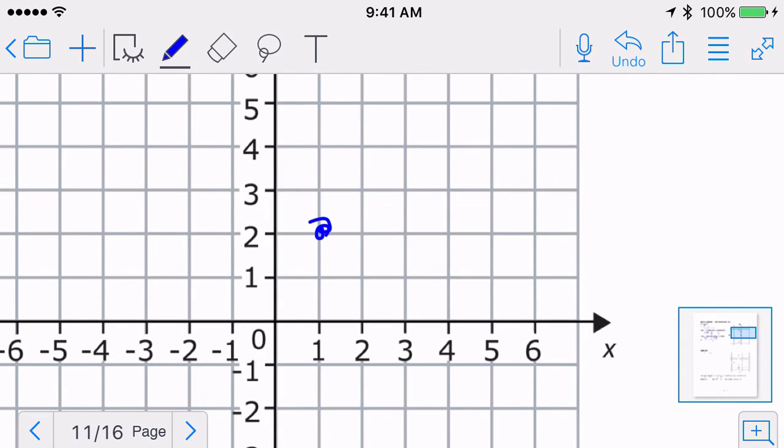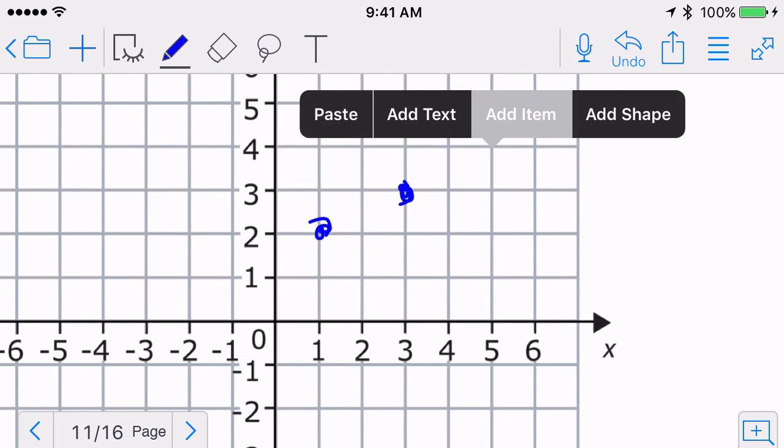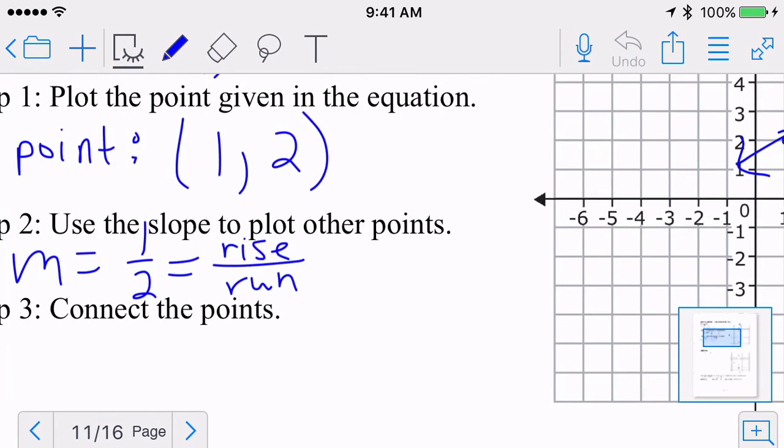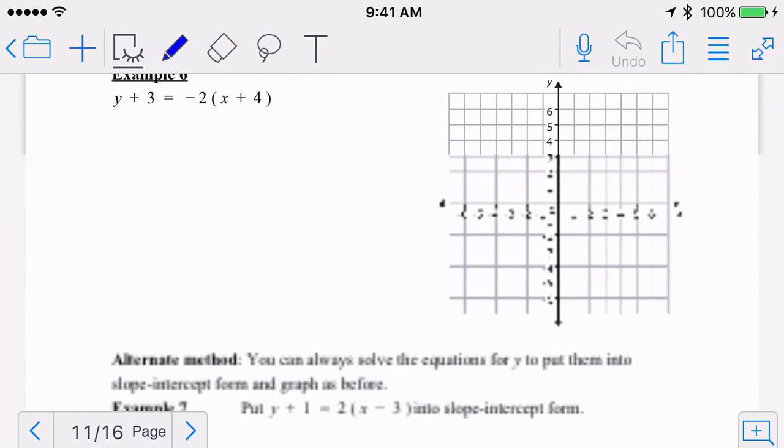So up 1 over 2, up 1 over 2. We want to make sure we're moving up from left to right since our slope is positive, and then connect the dots. Okay, that would be it for that one. So let's move on to the next example.